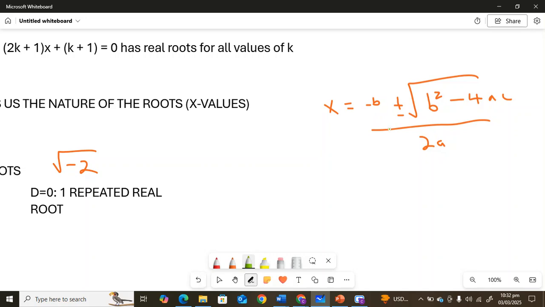In this quadratic formula, your discriminant is this one here, this square root here. That's where the discriminant is found.